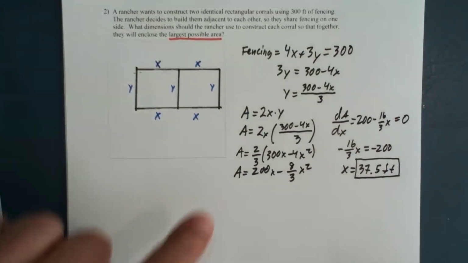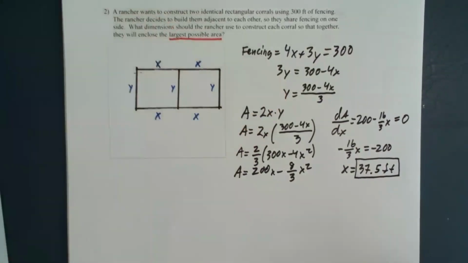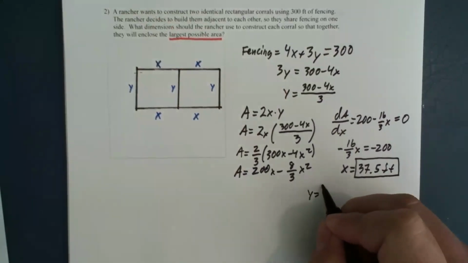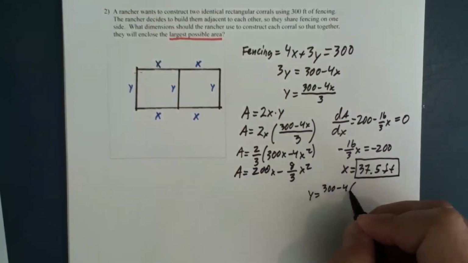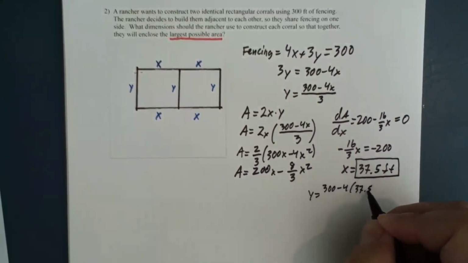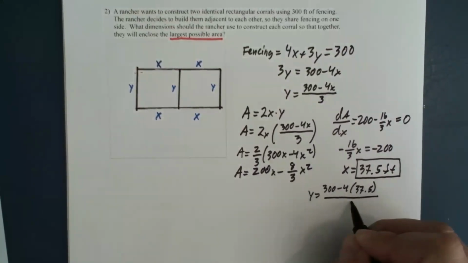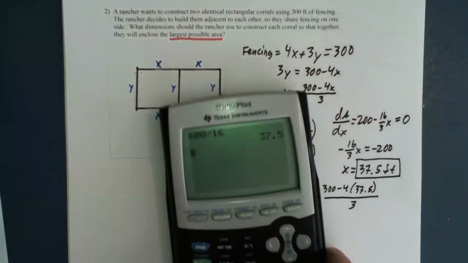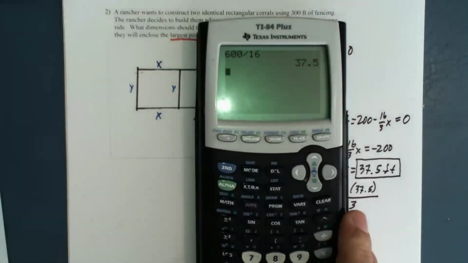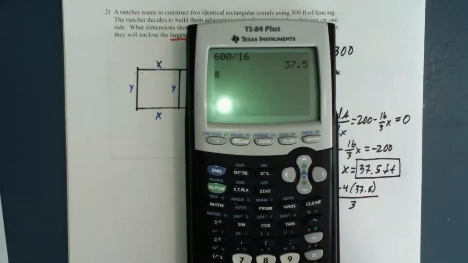Now to find the other one, I'm going to have to plug it into here. Let's see what we get. 300 minus 4 times 37.5 divided by 3.